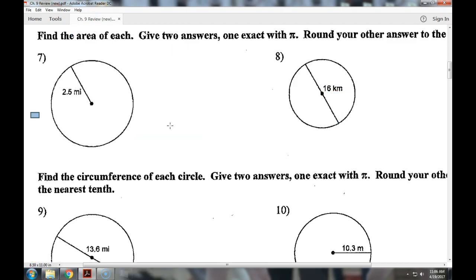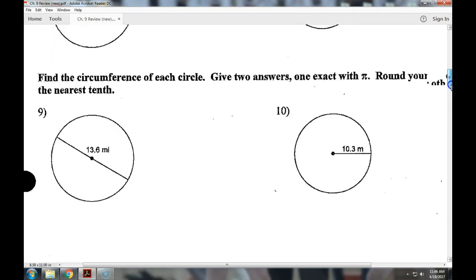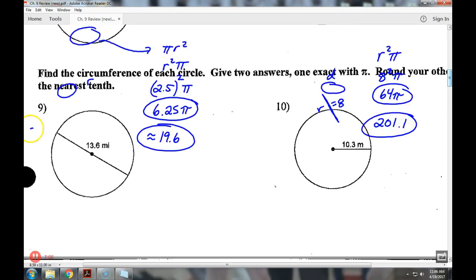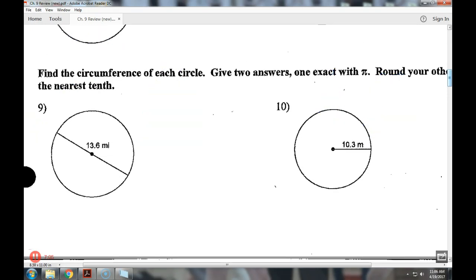All right, moving right down, number 9. Moving pretty quick on this first section. So number 9, I need the formula. So for circumference, circumference is the distance across multiplied by pi. Or if you prefer, you could use 2 radiuses times pi.